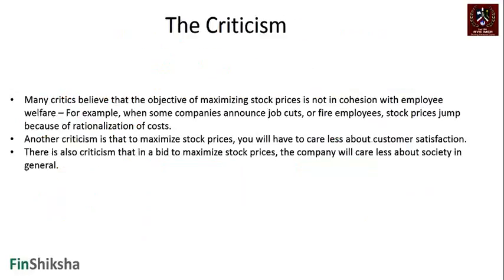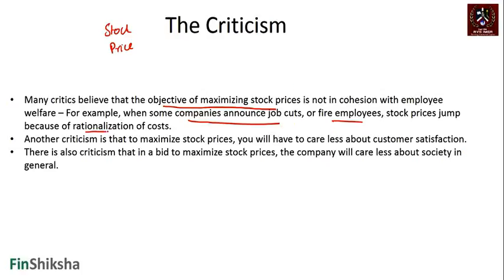Now, obviously, there is going to be some sort of a criticism of this. Traditionally, stock prices are assumed to be sort of capitalistic as a motive. So people don't like the idea of only maximizing stock prices, right? Why is that so? Many critics believe that the objective of maximizing stock prices is not in cohesion with employee welfare. So for example, when some companies announce job cuts or fire employees, stock prices end up going up, right?